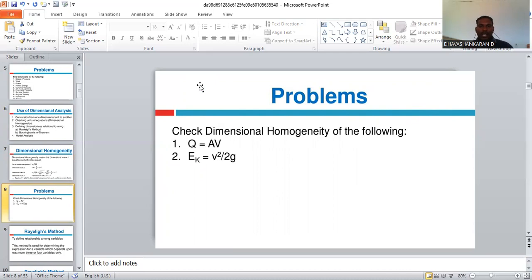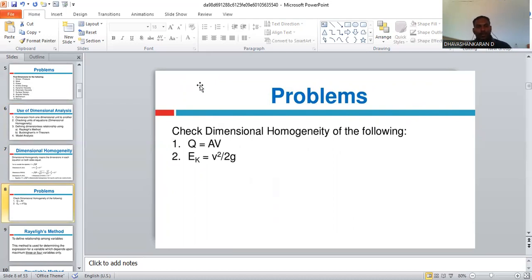The first equation is Q equal to A into V. Here Q has the unit of meter cube per second. A is the area, with unit meter square, and V is the velocity, with unit meter per second.